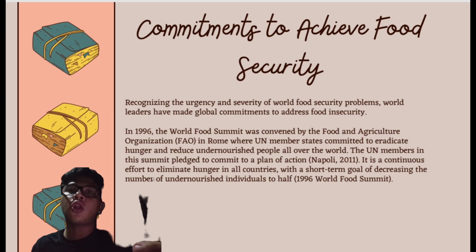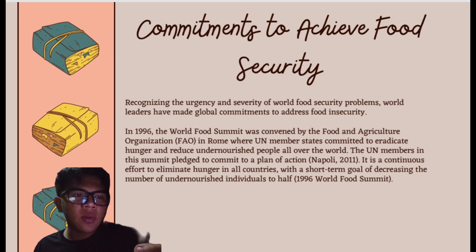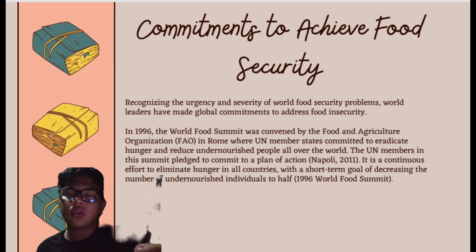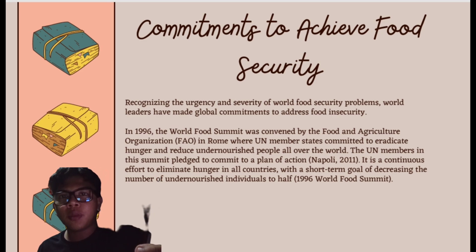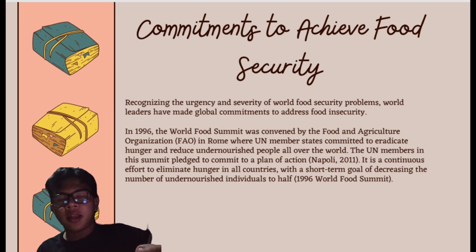It also focuses and influences globally. The next one is a short-term goal of decreasing the number of undernourished individuals by half. So their target was that half of the population would no longer be undernourished.